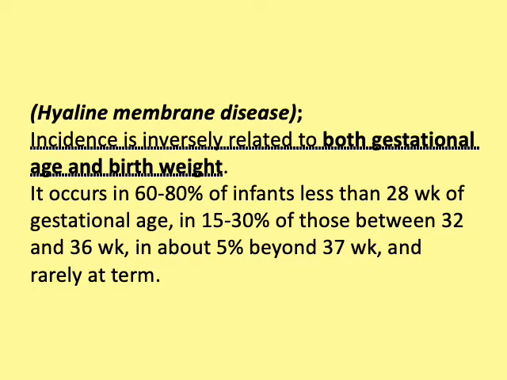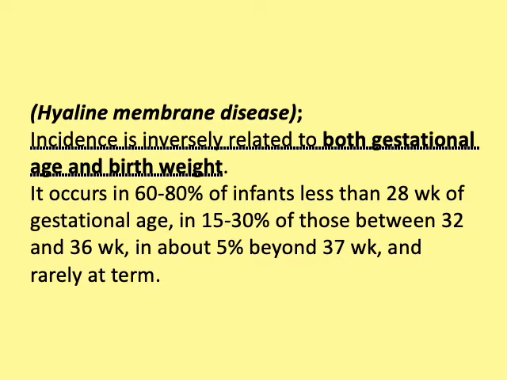Hyaline membrane disease occurs in 60 to 80% of infants less than 28 weeks of gestation, and it occurs in around 15 to 30% of those delivered at a gestational age of 32 to 36 weeks, and in about 5% of those delivered above 37 weeks of gestation.